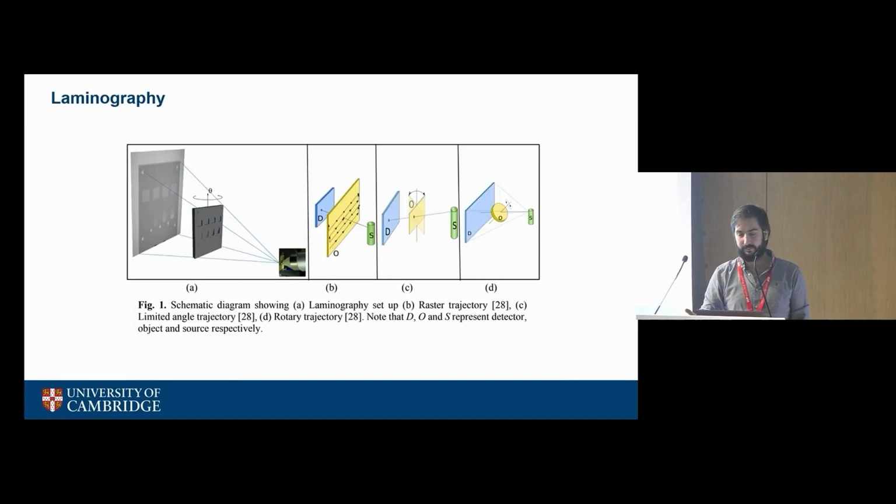Another typical example that may happen for different reasons is that you may not be able to scan the entire circle, right? So a very typical case is laminography, where your sample has a very bad aspect ratio. If your X-ray penetrates one direction, the long direction, then the sample is transparent in the other one. And if you penetrate the thin one, then you don't see anything in the long direction, right?